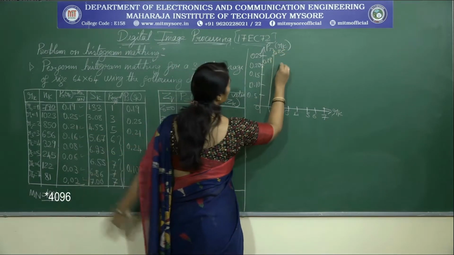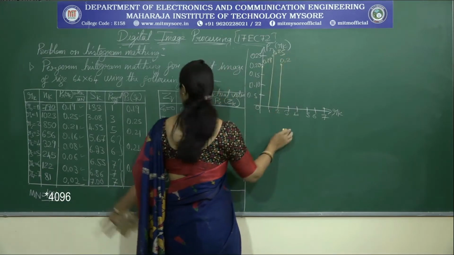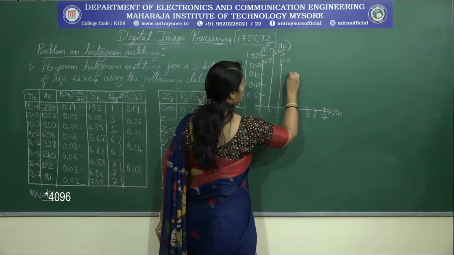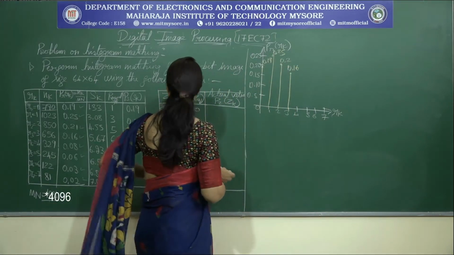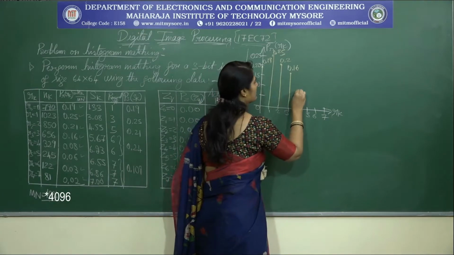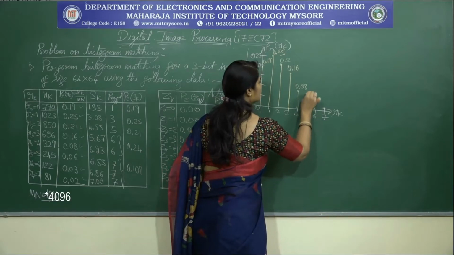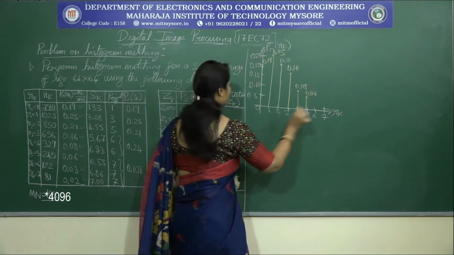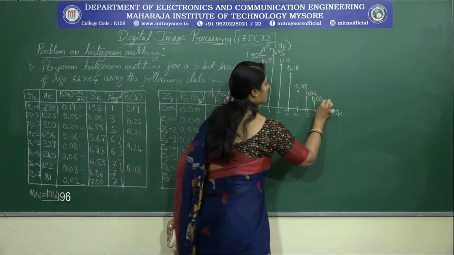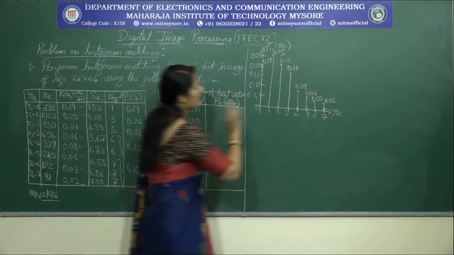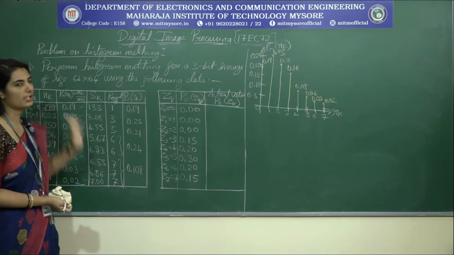At 2 it is 0.21, and at 3 it is 0.16. At 4 it is 0.08. For 5 it is 0.06, for 6 it is 0.03, and for 7 it is 0.02. So this is the normalized histogram for the given input image, that is PR of Rk.